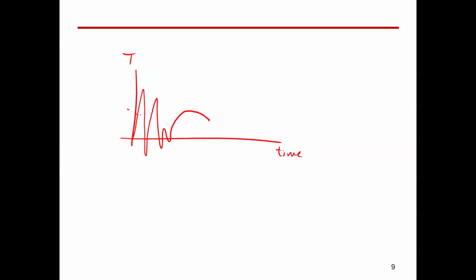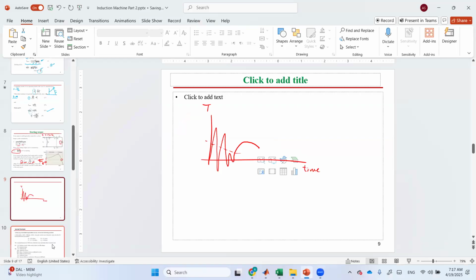So the average of this is going to be your starting torque. You can find that in any graduate book, not undergrad book. So this is a bit advanced, in order to see the motor characteristic.